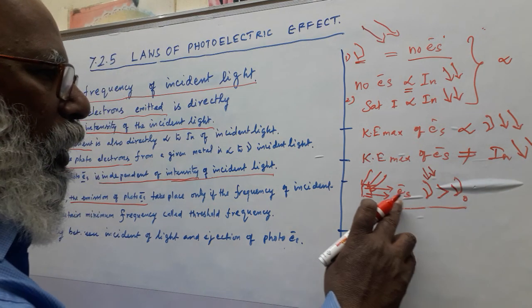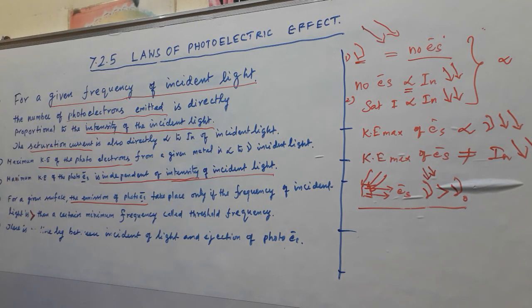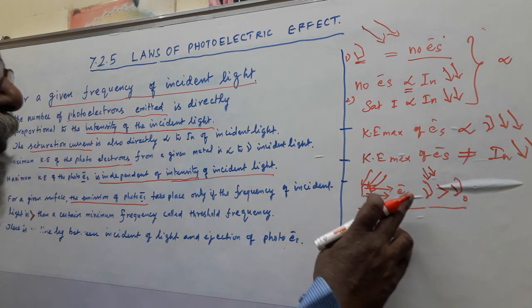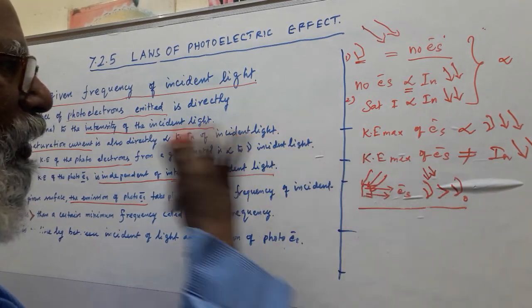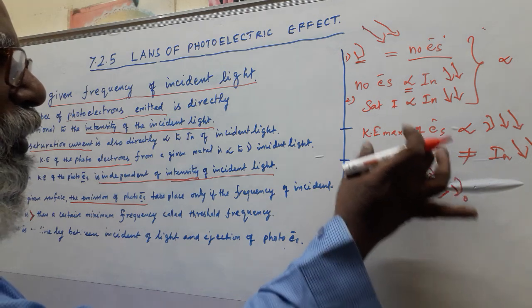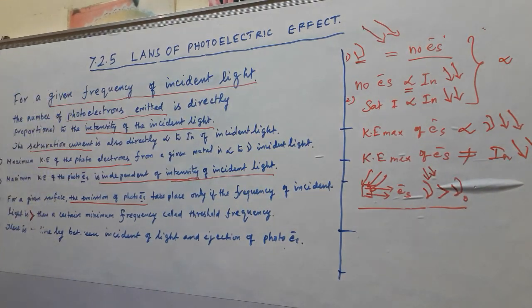Then only the electrons are emitted. That is the fourth law and a very important concept. This is the key to understand the concept in an easy manner. You can write it in your notebook or in your textbook itself.